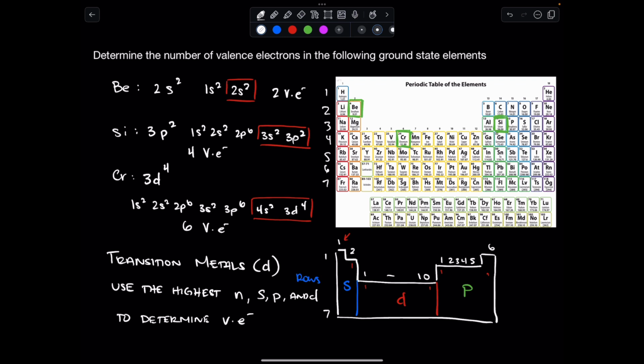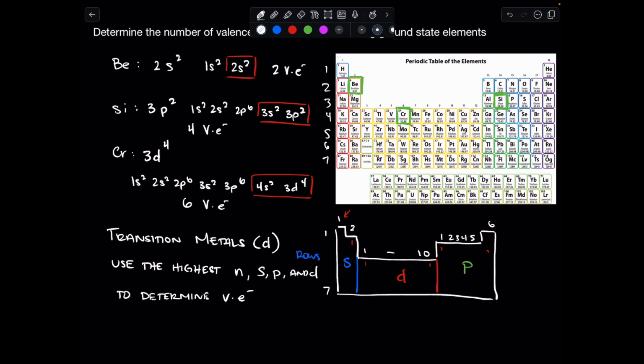In other words, kind of using our example here, let me rewrite that. Just the part that matters, we'll do our 3s2, 3p6, 4s2, 3d4. So you want to find the first instance of our highest energy level, which is a 4. That's going to become our starting point. So we'll chop everything else off to the left, and we'll only keep everything to the right.